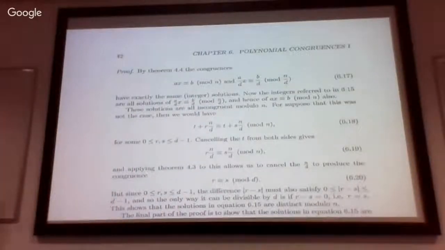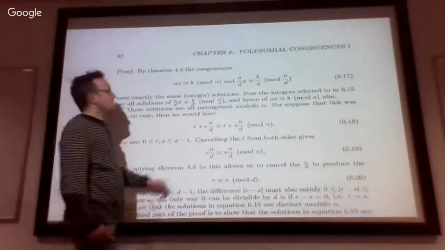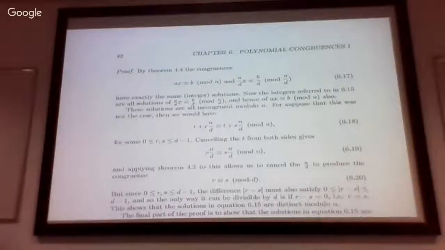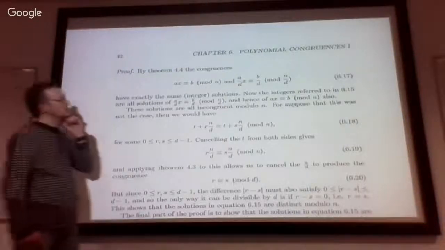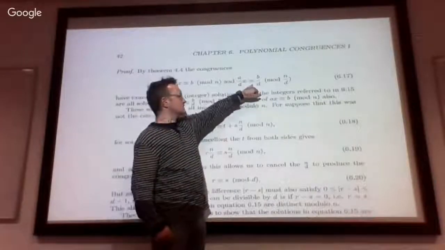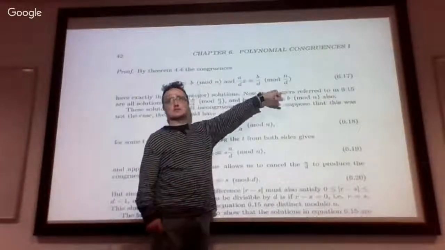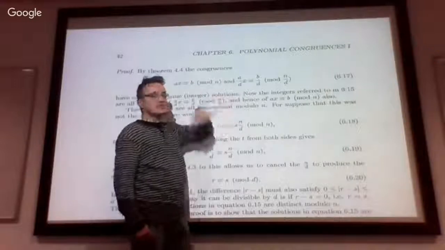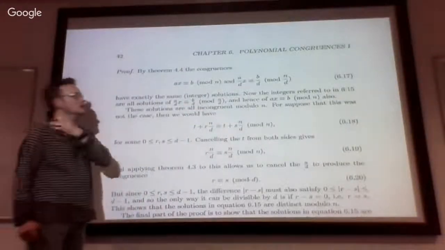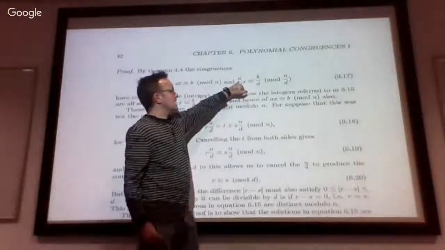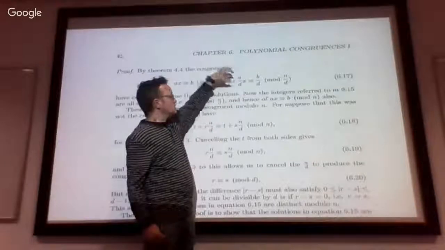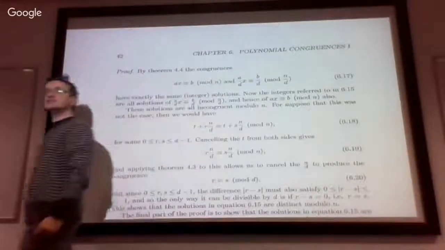Well, what kind of congruence is this we're looking at? This is again a linear congruence. It's something times x, congruent to something, modulo a certain modulus. But it's the nicest type of one, covered by theorem 6.1, because we've divided out a and n by their greatest common divisor.